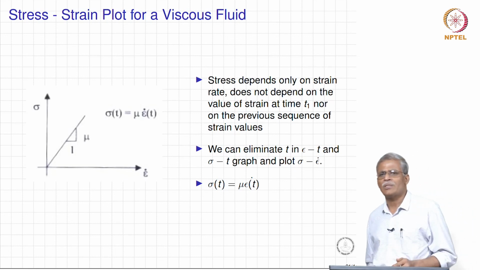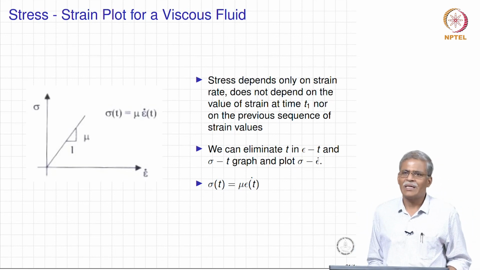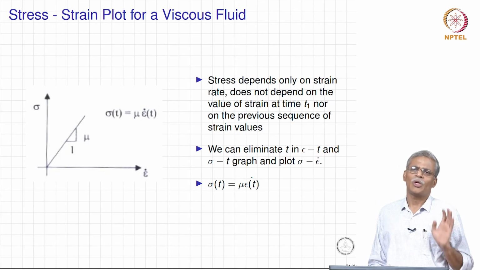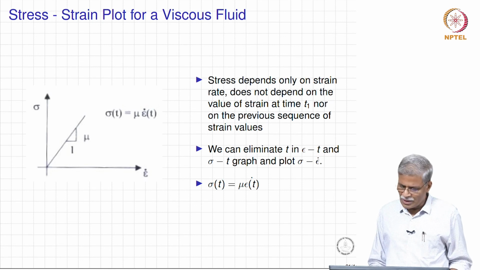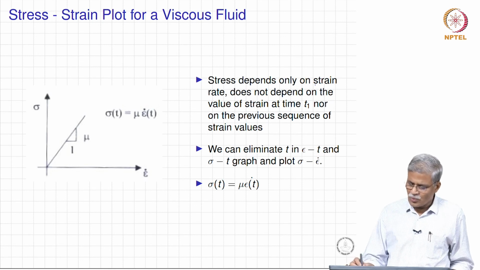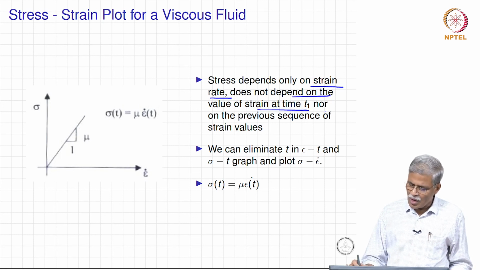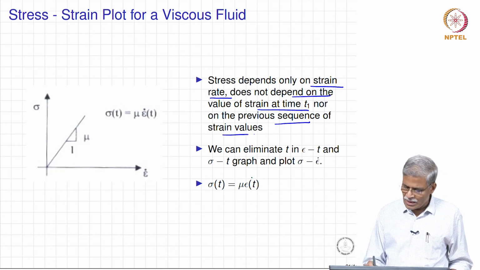So, what it means is, time plays a very critical role here, and if you want to really characterize the response of a viscous fluid, there is no way you can ignore the influence of time. The stress depends only on the strain rate; it does not depend on the value of strain at a time t1 or on the previous sequence of strain values.